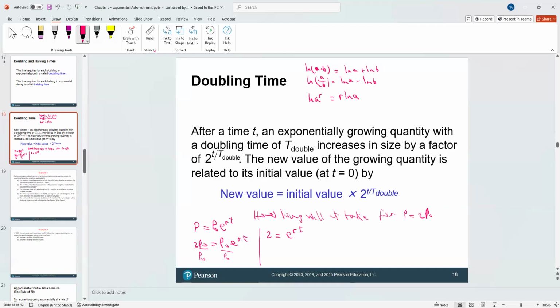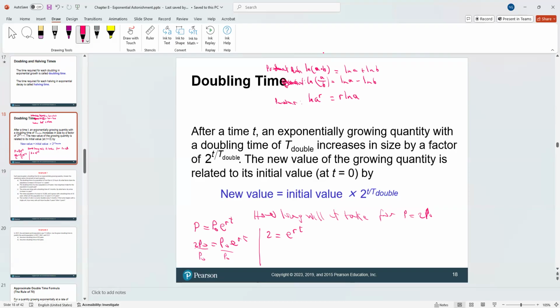We call these the product rule, the quotient rule, and the power rule. We have all three like this.